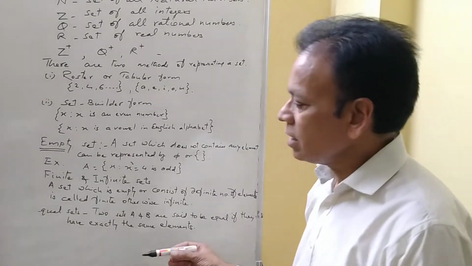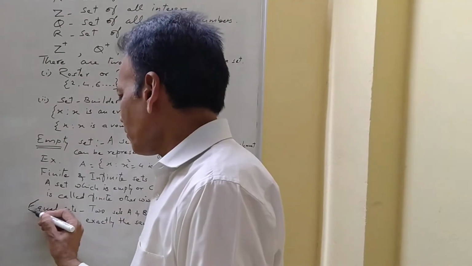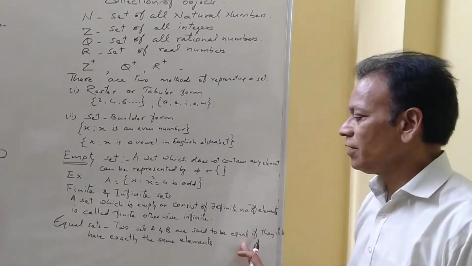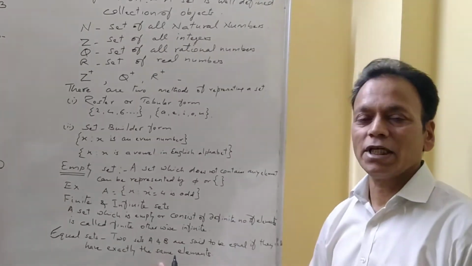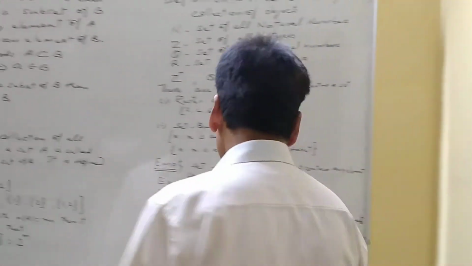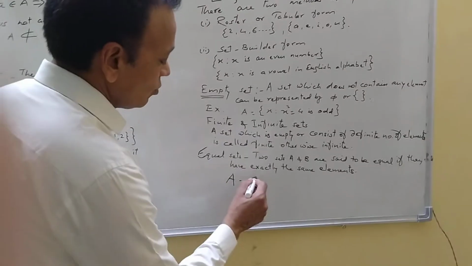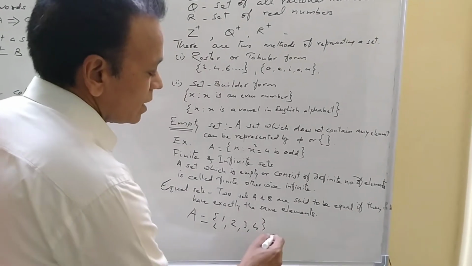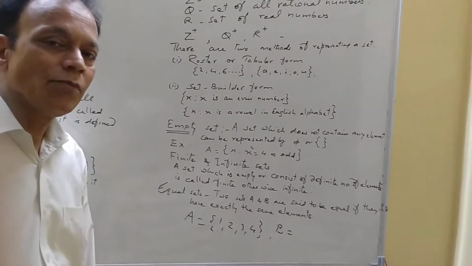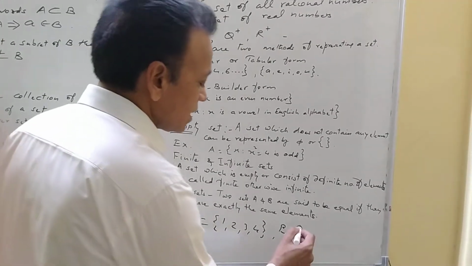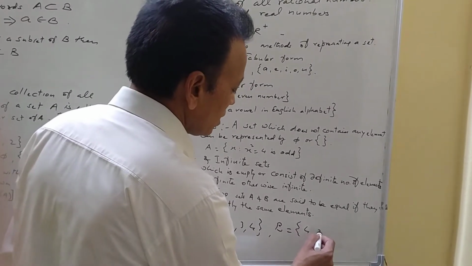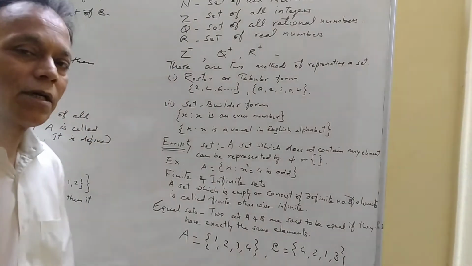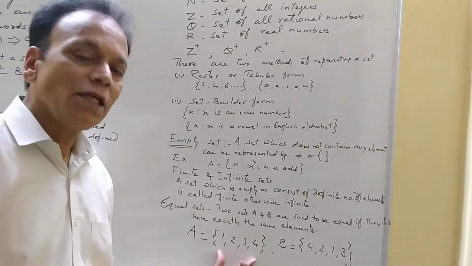Now we'll talk about equal sets. Two sets A and B are said to be equal if they have exactly the same elements. If we consider A equal to 1, 2, 3, 4, and A and B are equal, then it is necessary that in B also the elements should be the same. Order may be different, but the elements are the same.